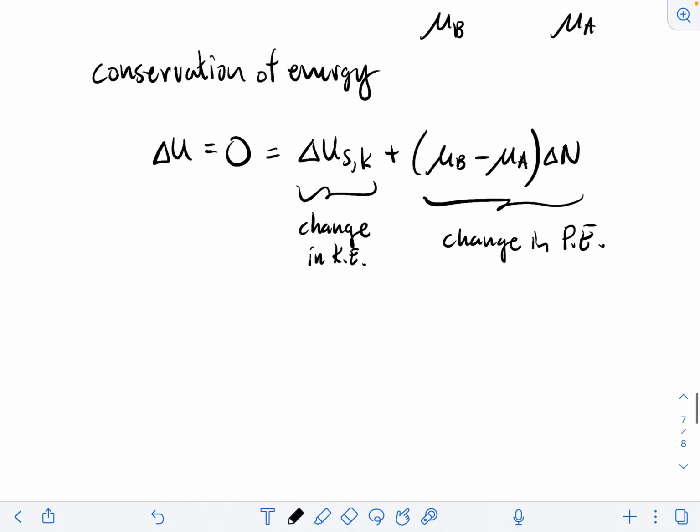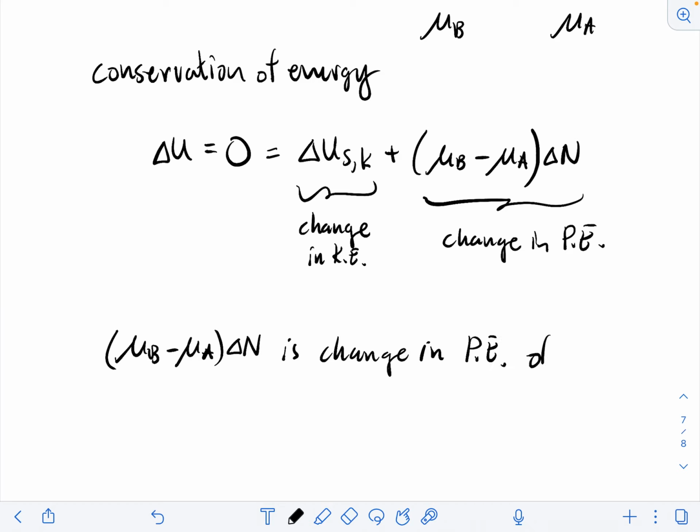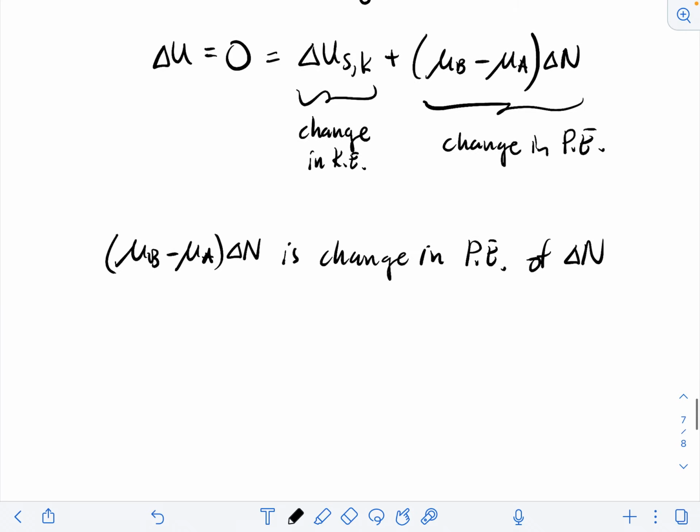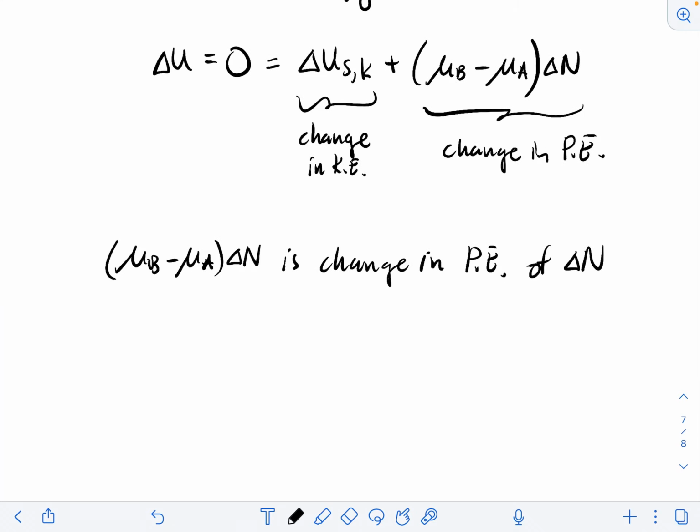So what we've argued now is that this difference in chemical potential times the number of particles involved is the change in potential energy of delta n particles, or let's just say helium-4 atoms.